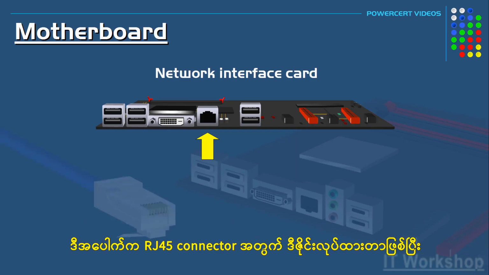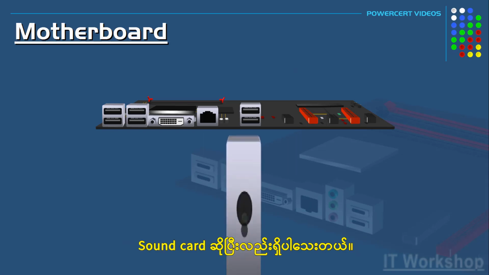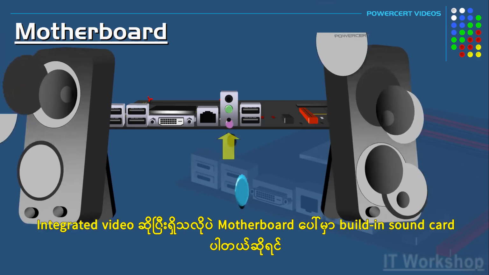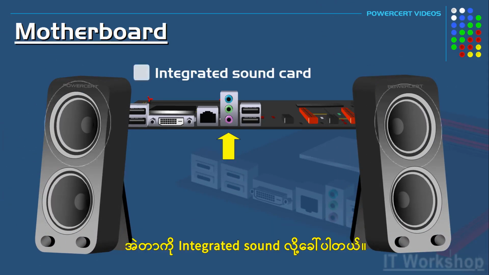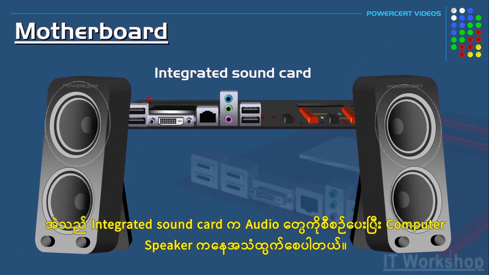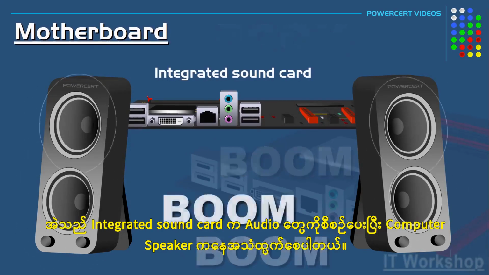And this port is designed for an RJ45 connector with an Ethernet cable to connect the computer to a network. And there's also a sound card, and just like integrated video, if a motherboard has a built-in sound card, then this is known as integrated sound. A sound card is what processes audio through the computer's speakers.